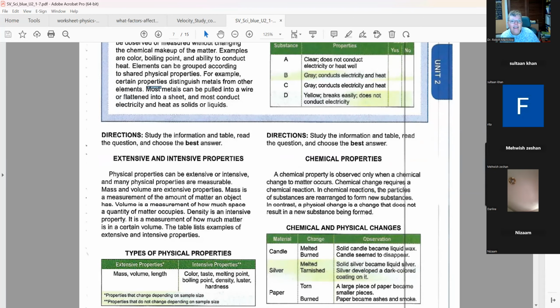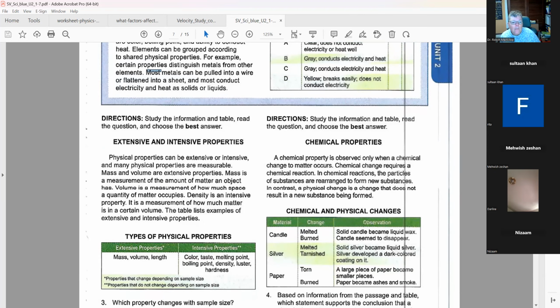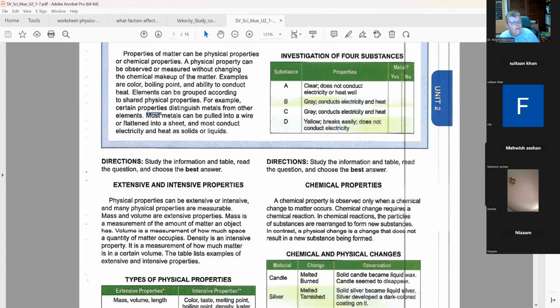How can you select 2 answers for the one? They asked for one. You give the 2 answers. Say that again. They're asking about the metal, but you select 2 options like B and C both.